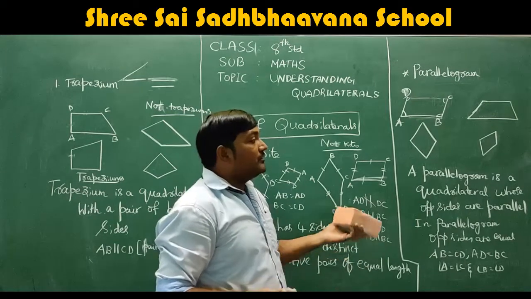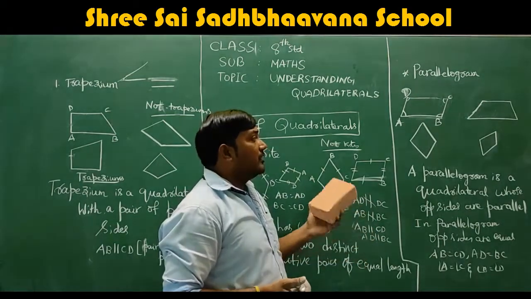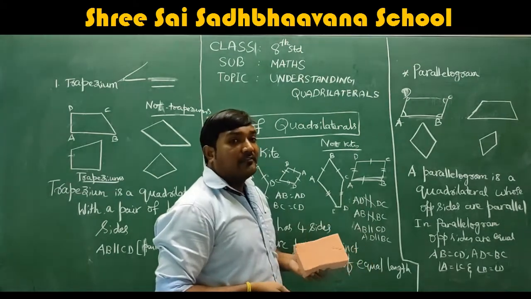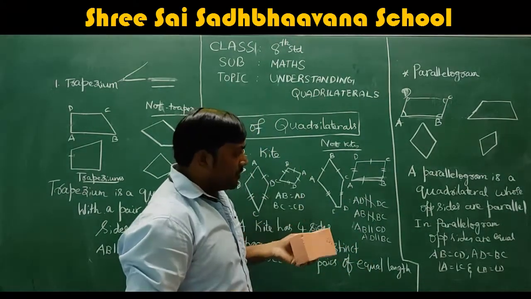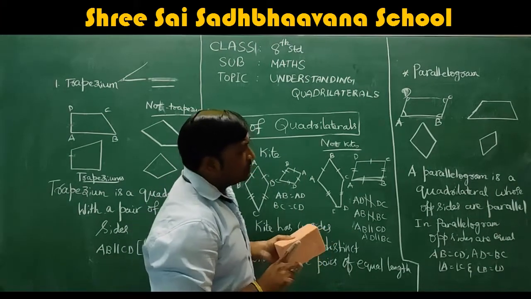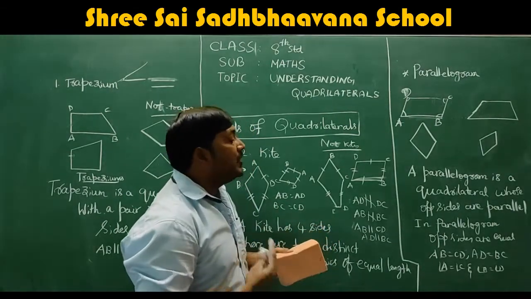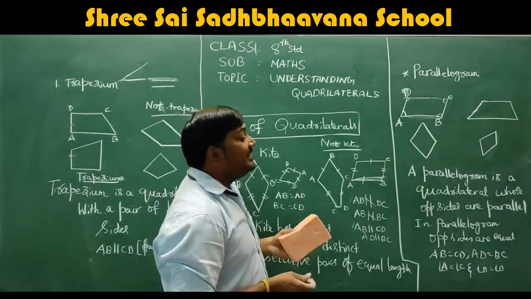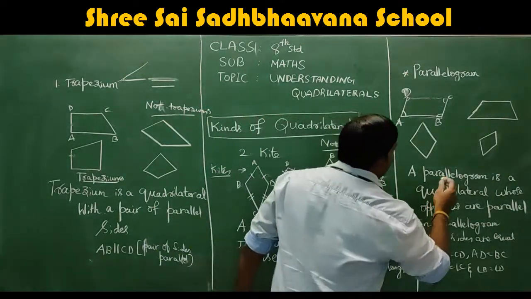If any one of these conditions is not satisfied, then definitely it is not considered a parallelogram. A parallelogram is a quadrilateral whose opposite sides are parallel, opposite sides are equal, and even opposite angles are also equal.